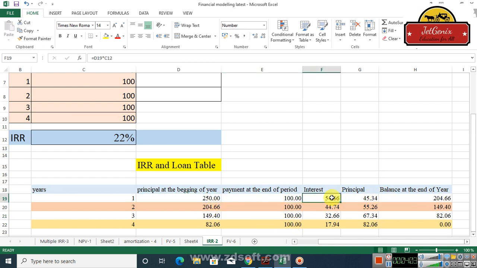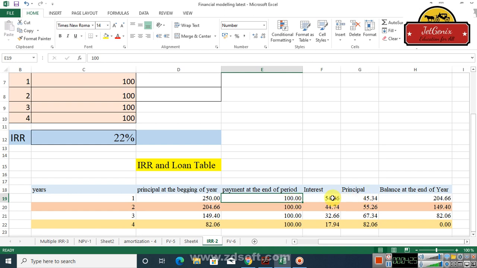If you see the formula here, this is what we have done so far. We have taken this amount, and this is the payment which we have made or which we have received.